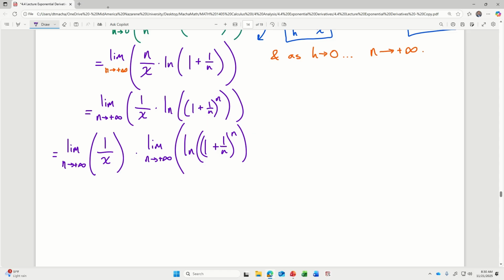There are no n's in the first limit, right? 1 over x is just, as n approaches infinity, going to be 1 over x. What about the second limit? Well, because the natural log function is a continuous function, and you can only do this with continuous functions, I can switch the order of the limit and the natural logarithm.